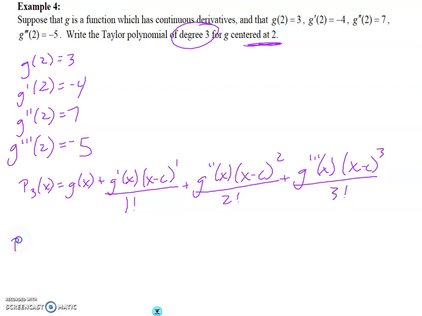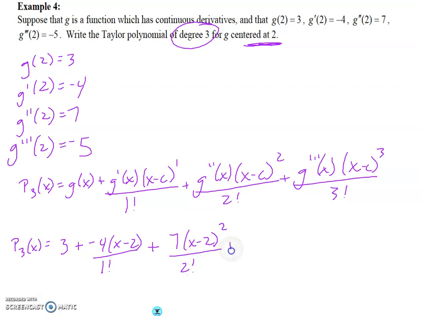So now let's plug in what we know. So I've got P3 of x is equal to, so g of 2 was 3, plus g prime of 2 was a negative 4, times x minus 2 to the first over 1 factorial, plus g double prime was 7, times x minus 2 squared over 2 factorial, plus g triple prime of 2 was a negative 5 times x minus 2 cubed over 3 factorial.